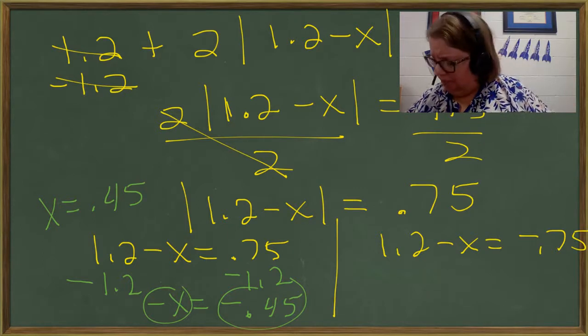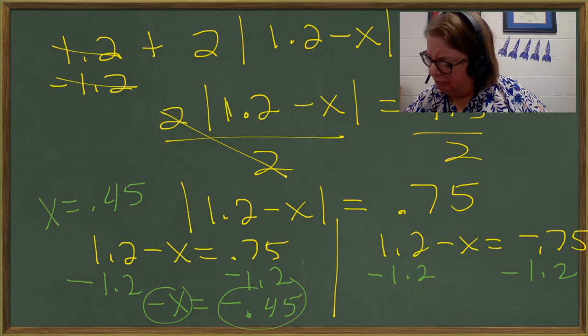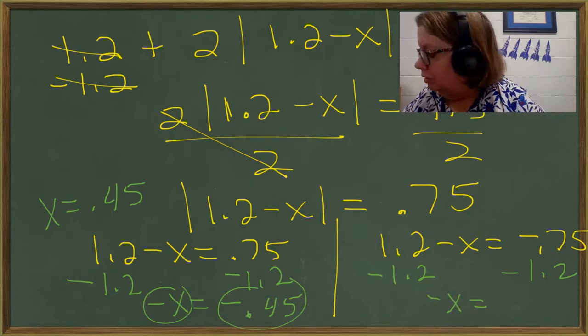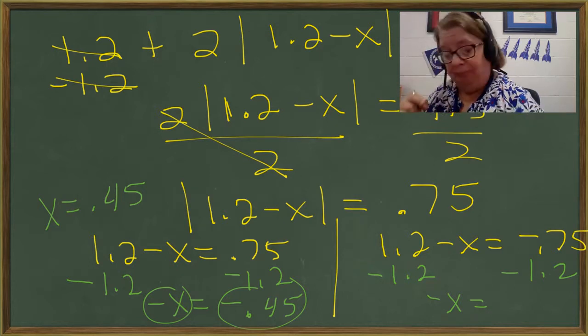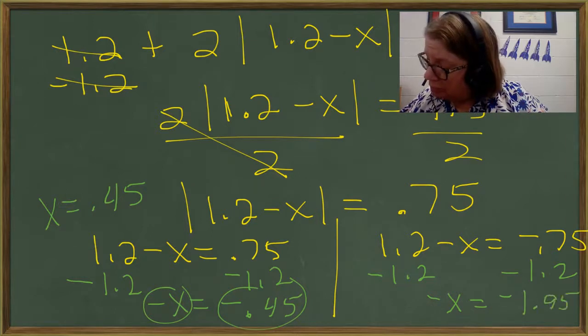Let's solve the other side. Subtract the 1.2. Hey Siri, what is negative 0.75 minus 1.2? Negative 0.75 minus 1.2 is negative 1.95.